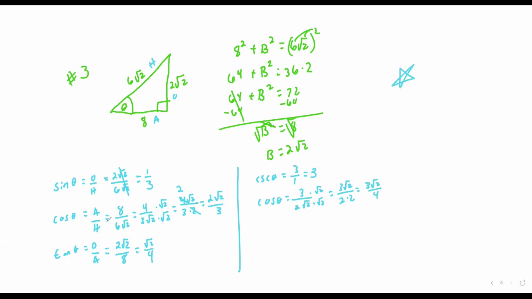Here's a little side note. Since I know secant, oh, I wrote cosine. This is supposed to be secant. If I know that secant is the inverse of cosine, which is adjacent over hypotenuse, then this would be hypotenuse over adjacent. Plugging in what I know, I can get 6 square root of 2 over 8, and then simplify that as 3 square root of 2 over 4.